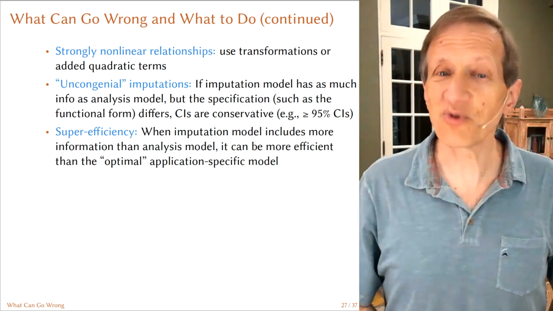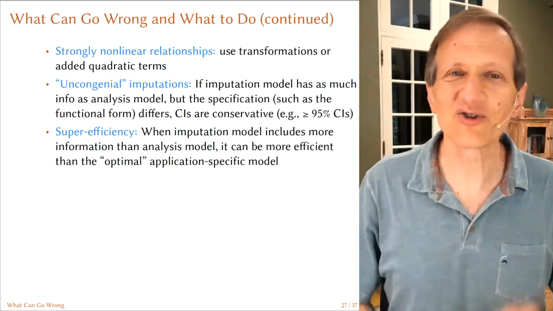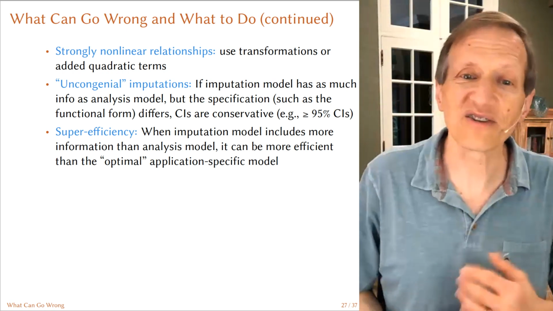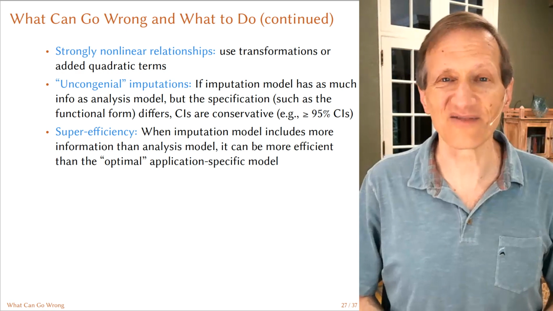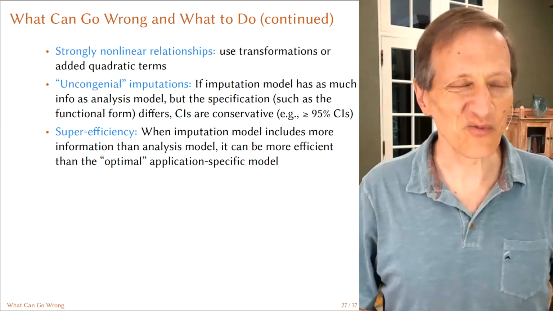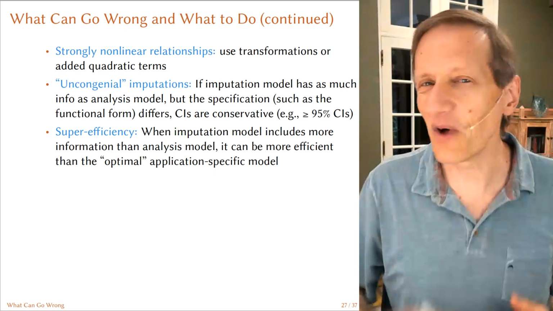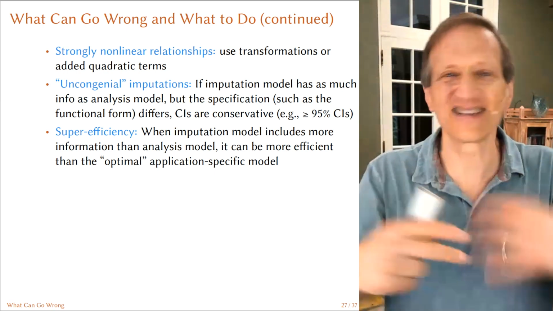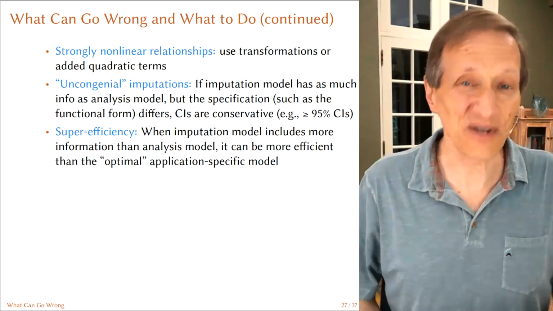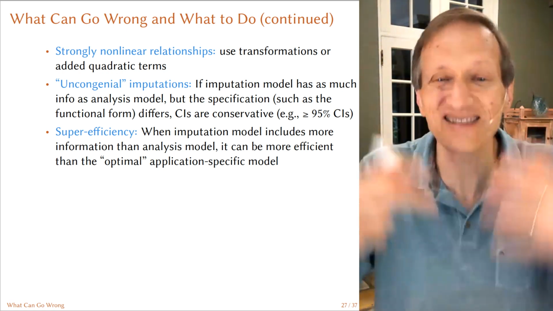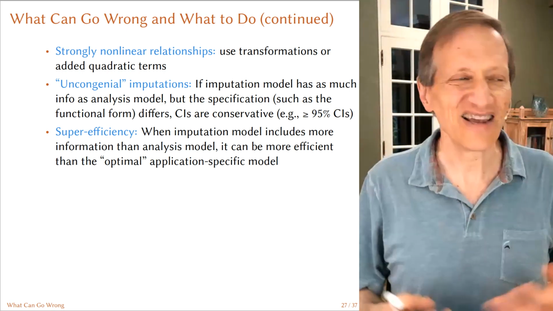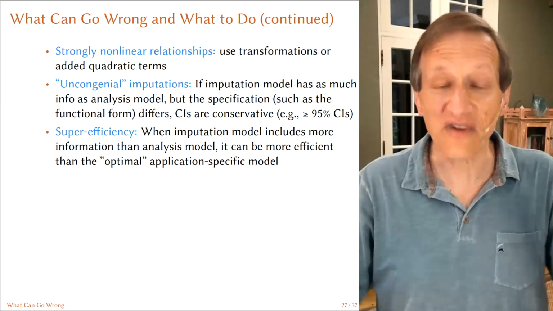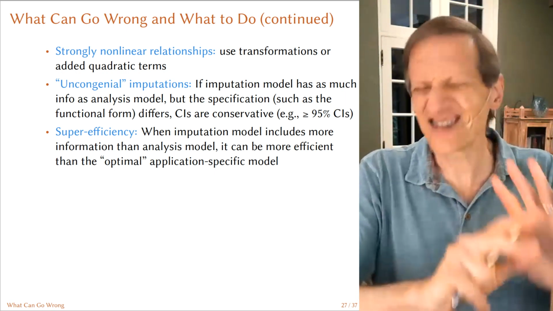There's a property of super efficiency. When the imputation model includes more information than the analysis model, it could be more efficient than the optimal application-specific model. So let me give you an example. When you run surveys, you tend to get overwhelmed by the recodes and all the variables. People who design surveys very frequently add in lots and lots of extra questions. That's often a big waste because they tend not to use them. In fact, when you get to the analysis stage, you say, I'm getting overwhelmed by results, so even though I created 5 measures of this one concept, I'm just going to use the best one.